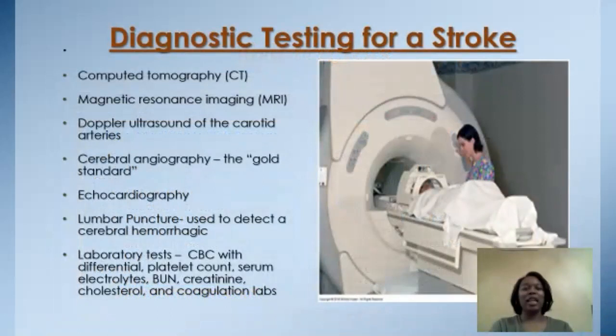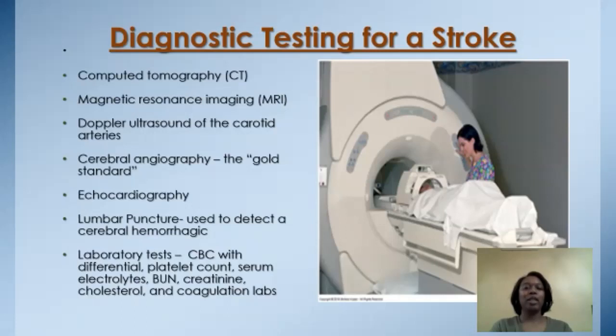Let's discuss diagnostic testing for a CVA. Most acute care settings have a timeline mapped out for their stroke protocol, and it is essential for medical staff to identify the type of stroke the patient is having to determine the proper treatment.